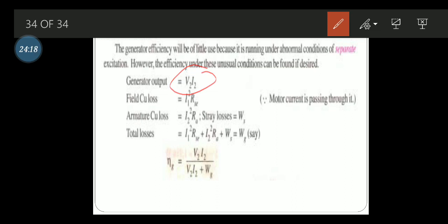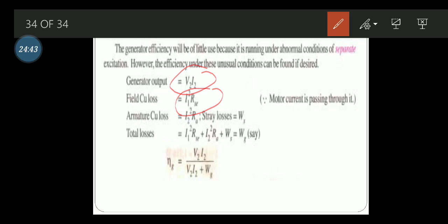The generator field copper loss is I1 square into RSC, because the generator field is in series with the series motor, so the same current flowing through the series field winding of the motor flows through the field winding of the generator.